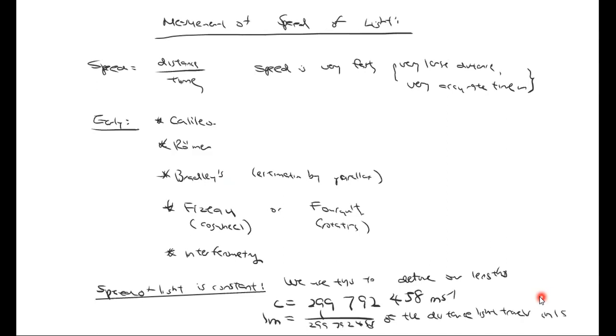So light travels really fast, but how fast does it travel? Well, this many meters per second, and a meter is now defined in terms of the speed of light. And that might get you to ask, okay, well, what's a second? We've defined a second as well, and that's basically just a finite number of oscillations of a cesium-133 atom.